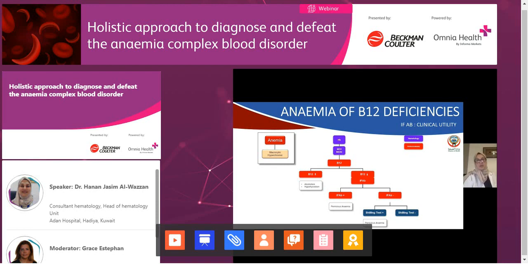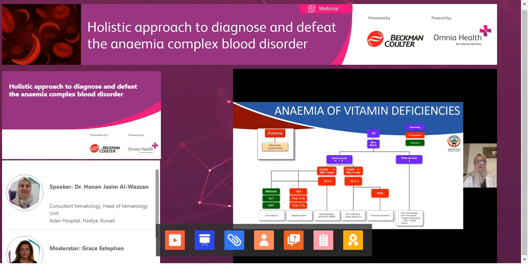Then we do the antibody, and if it is present, it is pernicious anemia. If it is negative, in the past we were doing the Schilling test, but it is not available anymore. Still, we can diagnose maybe by endoscopy with biopsy of the gastric atrophy. And if B12 is high, it is unlikely to be because of B12 deficiency. It could be other causes of macrocytic anemia.